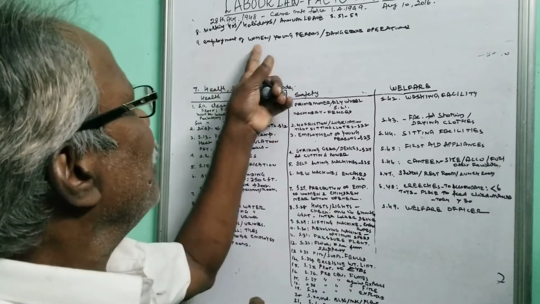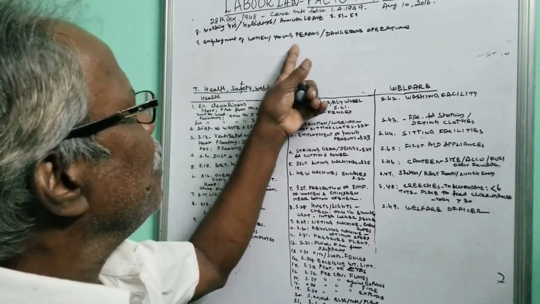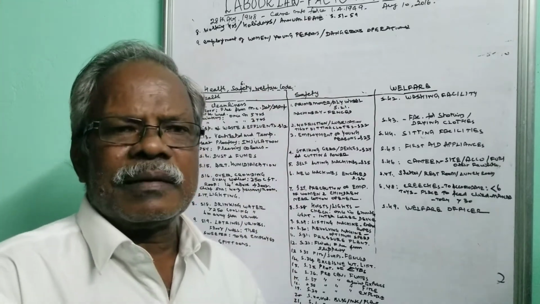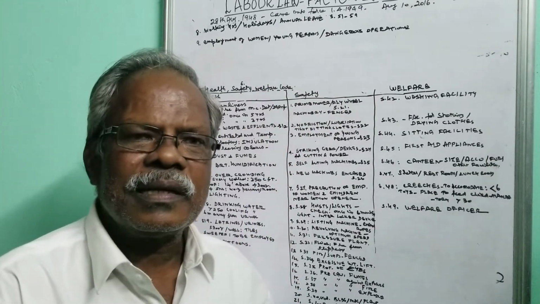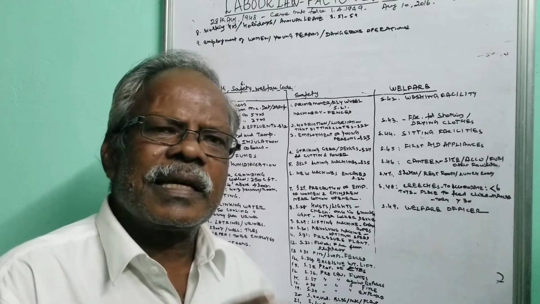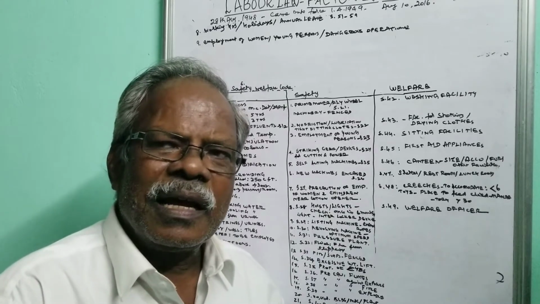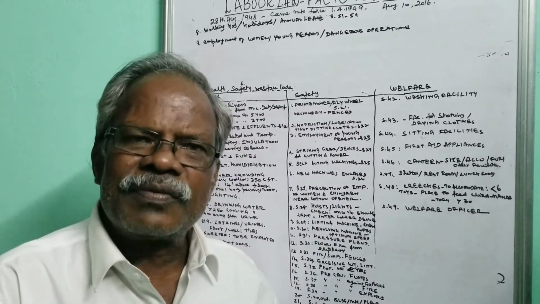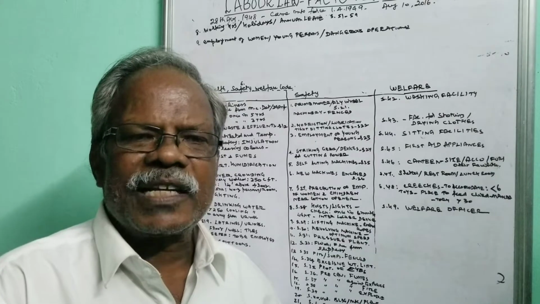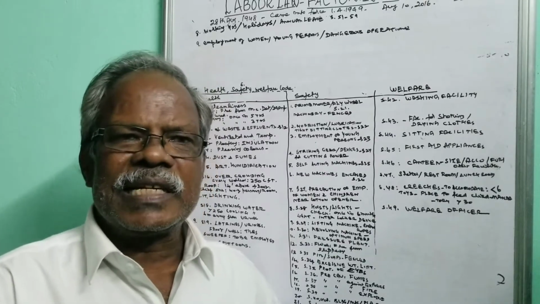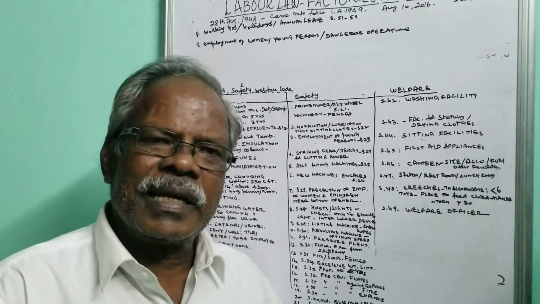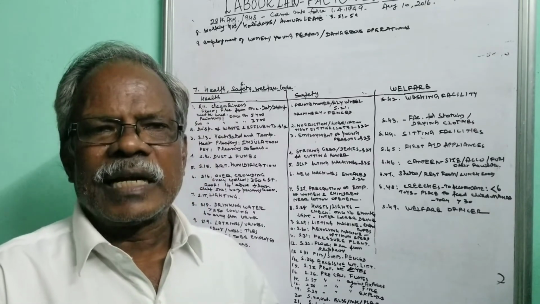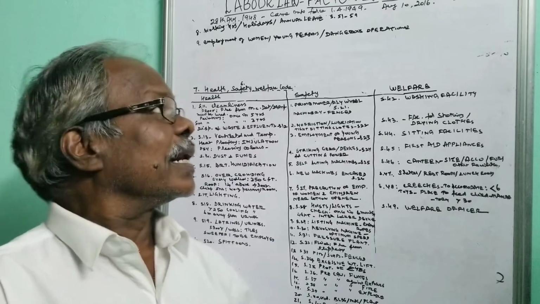And then employment of women, young persons, and dangerous operations. Women can be employed, and as per the latest amendment, they can do work even during night shift, provided the factory has all facilities such as refreshment facilities and also transport facilities during night hours.